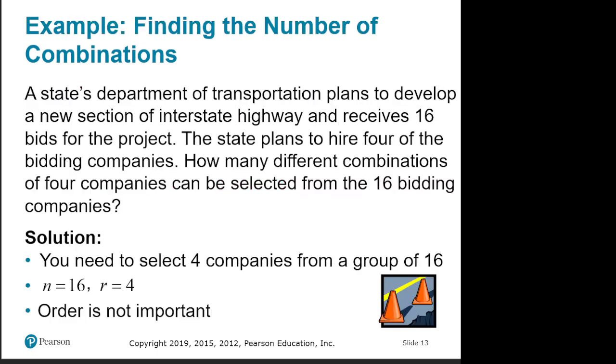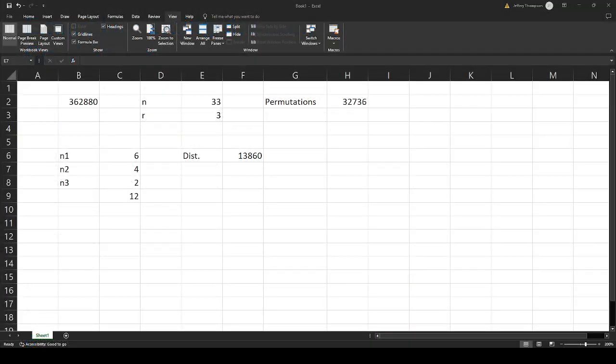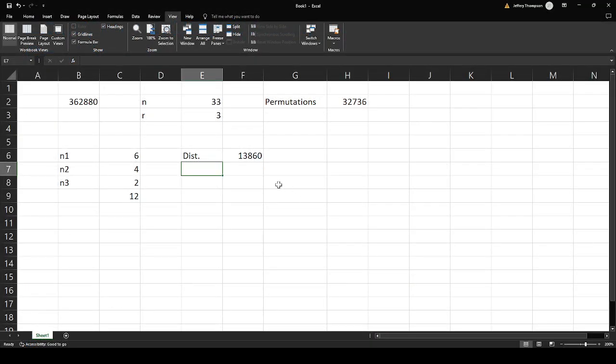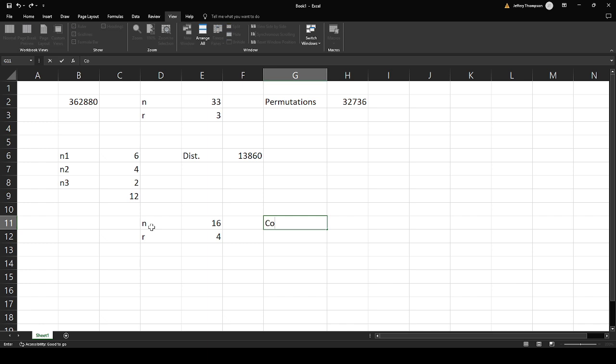What's nice is if I use this example, where I have 16 bids and 4 are going to be chosen, but order doesn't matter, I'll come back over to Excel. And for this one, we have 16 contractors and 4 bids are going to be chosen, but it doesn't matter the order.